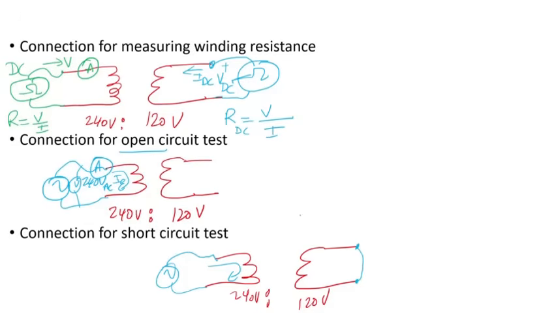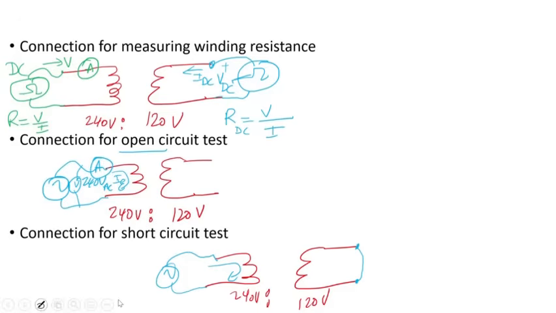Now, since I'm applying the source to the 240 volt side, if we take 150 VA divided by 240, that's 0.625 amps.